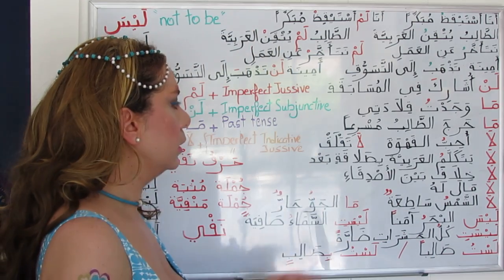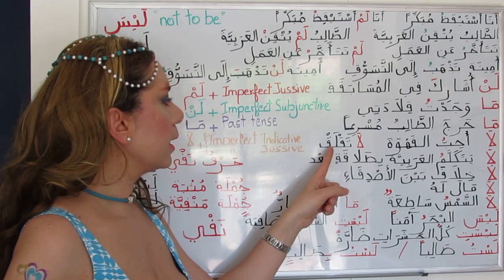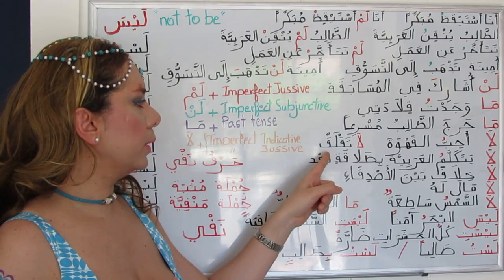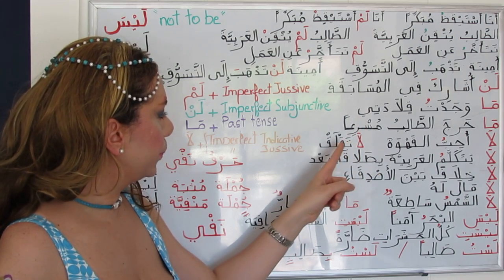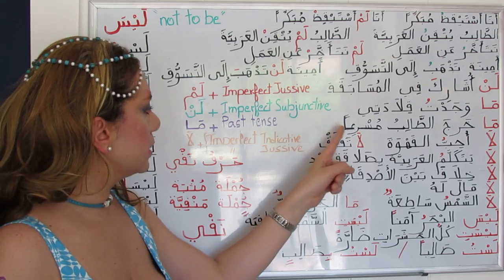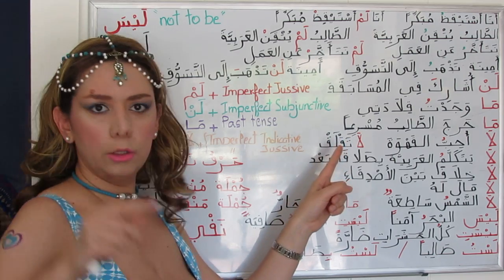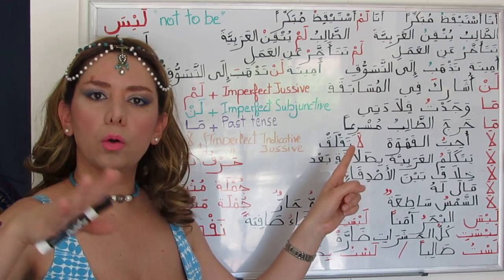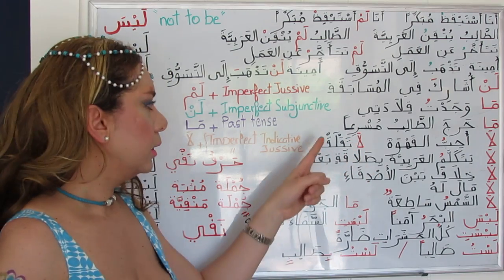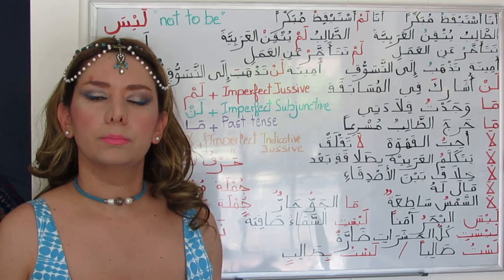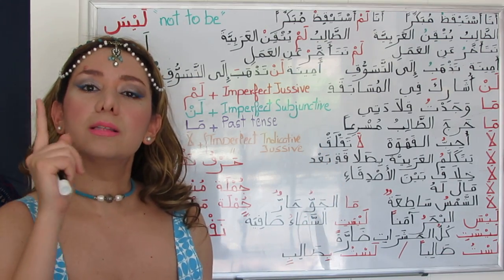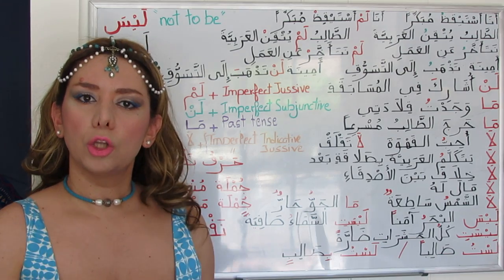For example, say لا تقلق. Don't worry. When you have the imperfect jussive in the second person singular, dual or plural preceded by لا, you will form an order. لا تقلق, don't worry. لا تتكلم, don't speak.